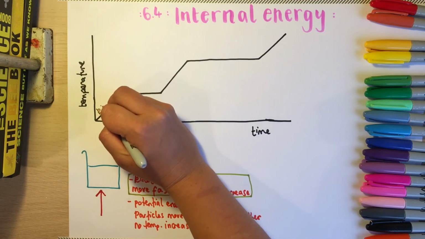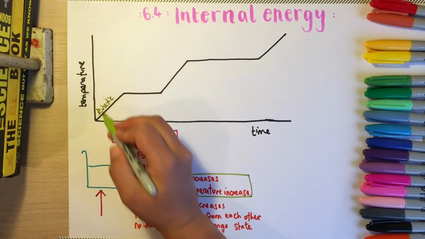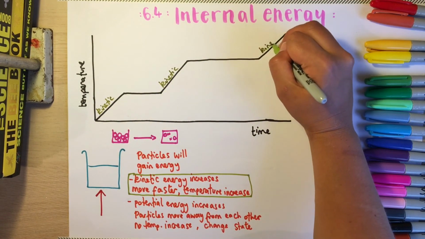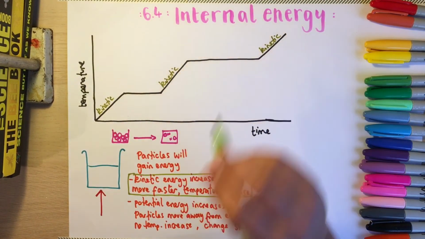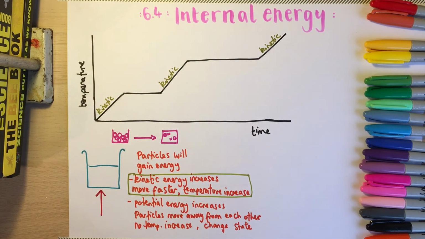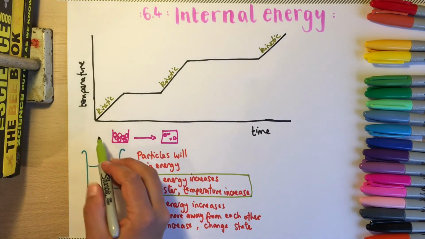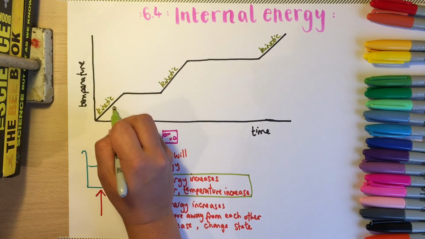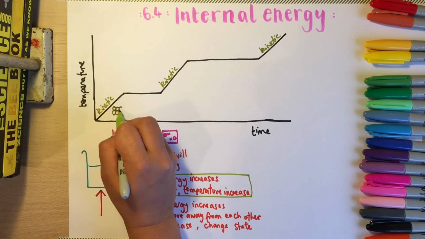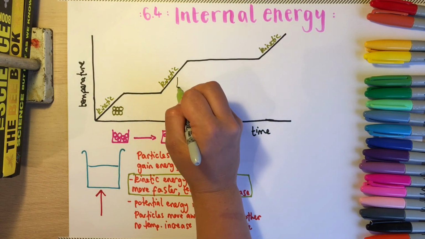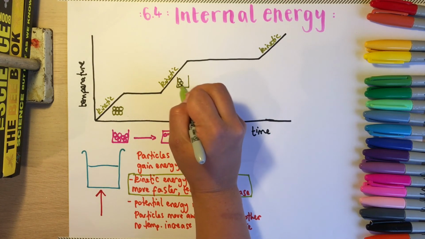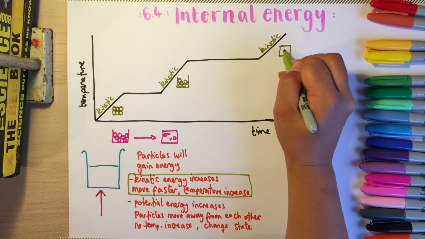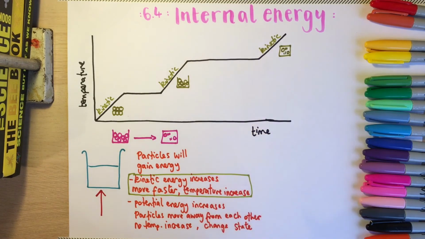So I'm just going to write kinetic energy here, kinetic and kinetic, because that's the energy at each of these points. We might also be able to spot we've got three places. At this point, it's going to be a solid. At this point, it's going to be a liquid, and at this point it's going to be our gas.